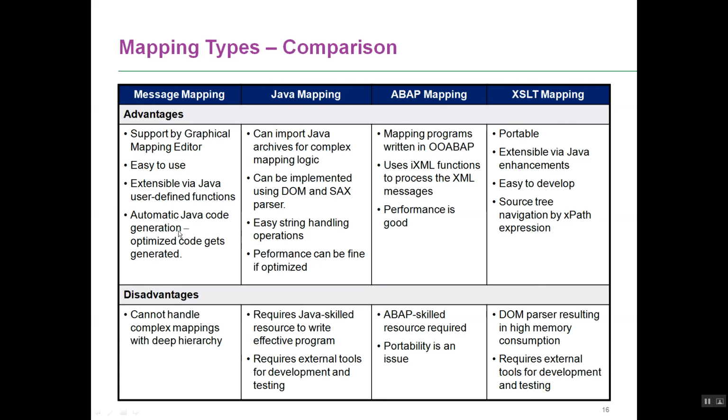So there's an automatic Java code that gets generated by PI, and that is an optimized code. One of the disadvantages of message mapping is that it requires some special skill. When we are looking at extremely complicated mapping with hundreds and thousands of fields, at that time it becomes a little tricky.